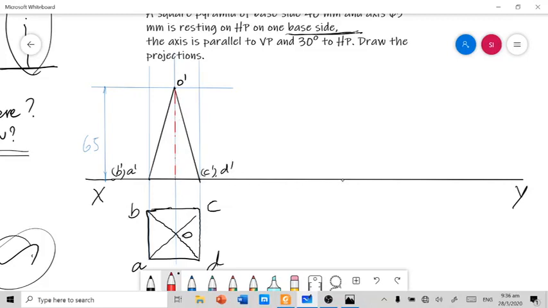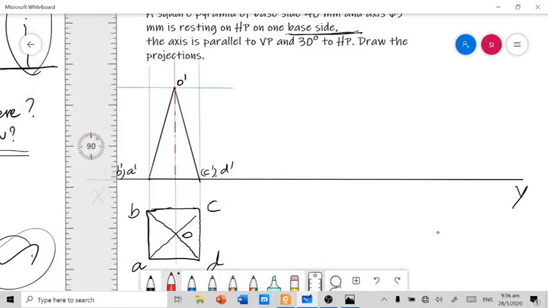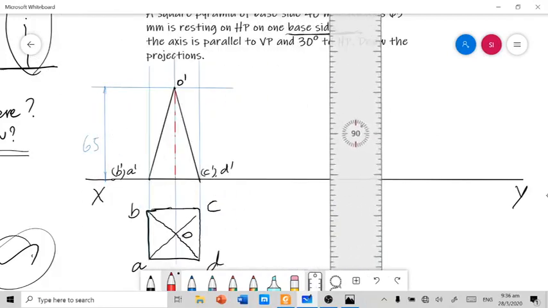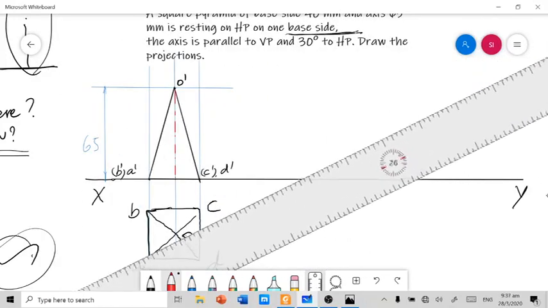For that, first you have to draw a pilot line with 30 degree inclination with HP in a convenient position.